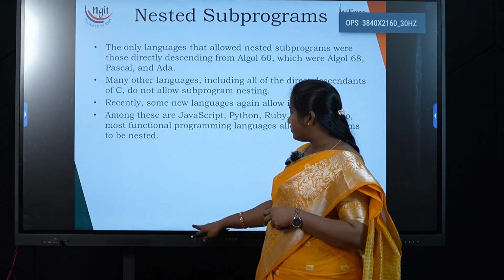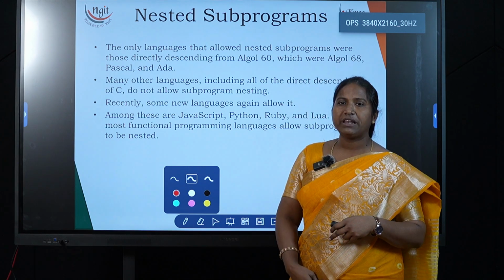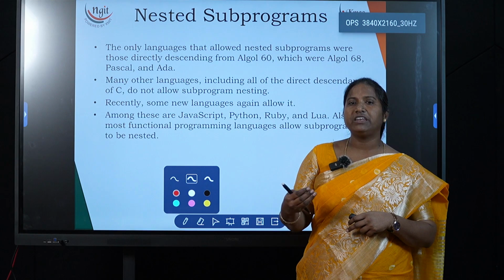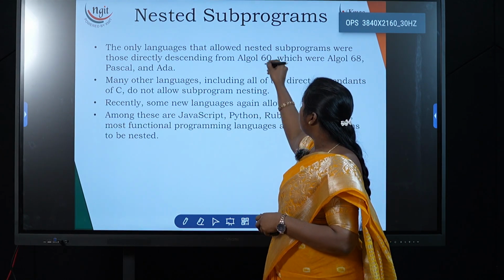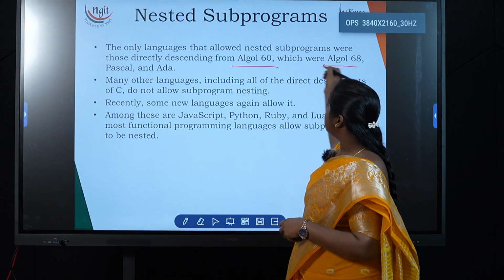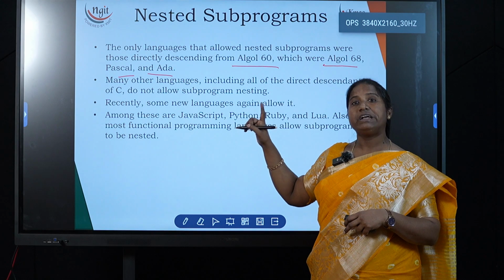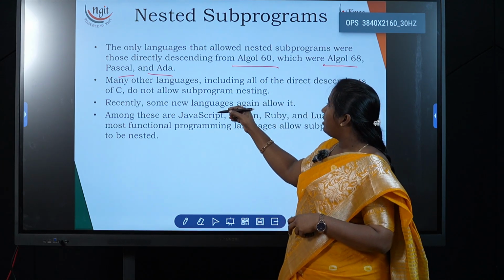These are the languages which are descendants of ALGOL, because ALGOL is the first programming language which supported nesting subprograms, or defining a subprogram in another one. Those languages are ALGOL 60 and ALGOL 68, Pascal and Ada. These languages support nesting subprograms. There are other languages which do not.